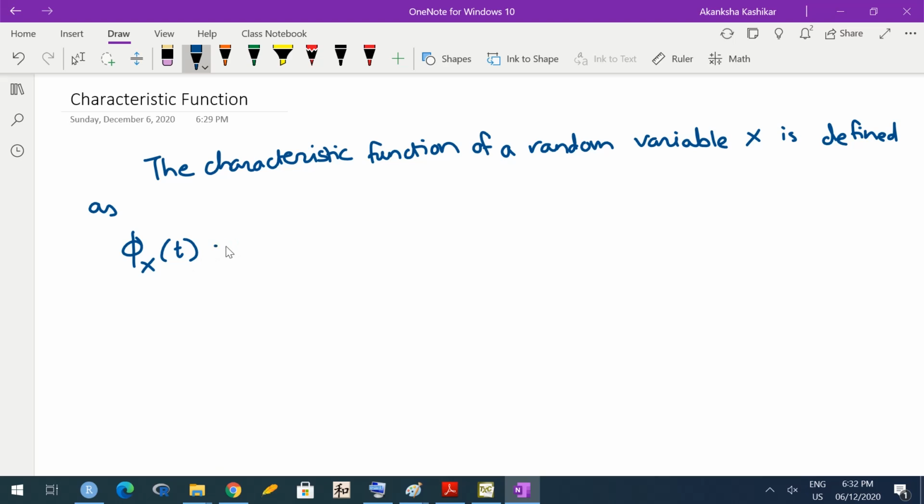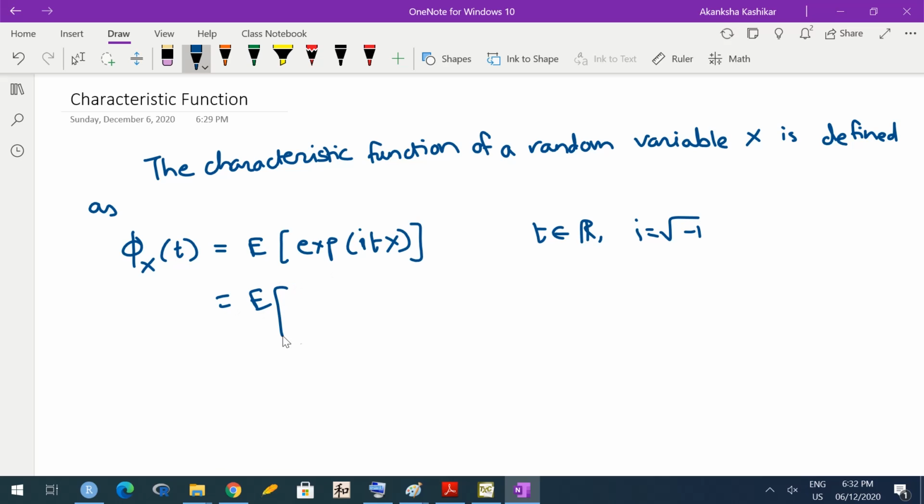So you have another argument t coming into the picture. It is the expectation of e raised to itX, where t is any real number and i is of course the square root of -1. And expectation of e raised to itX you all know can be written as cos tX plus i sin tX.